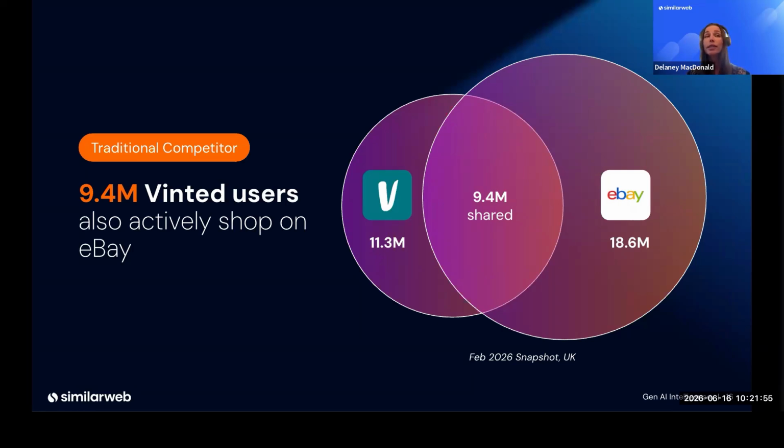What's interesting about this story is the audience that Vinted isn't reaching. We can see that eBay has a reach of 18.6 million customers or people that aren't actively using Vinted's app or web properties. And so that means that there is both a retention story for Vinted, but there's also a potential expansion opportunity there to the size of that 18.6 million extra people.